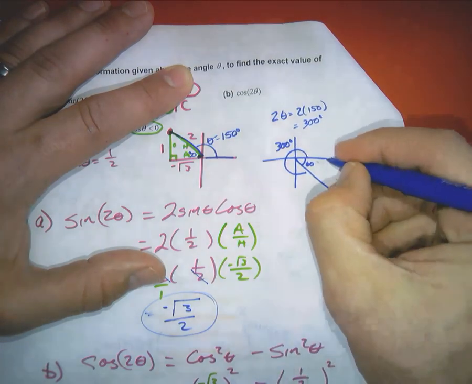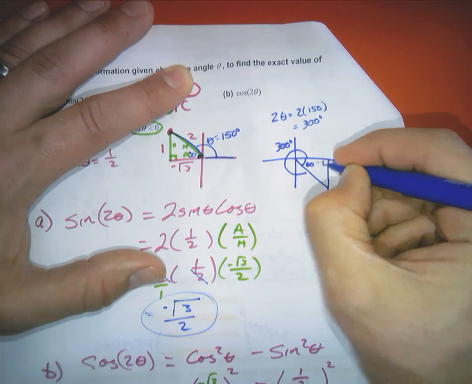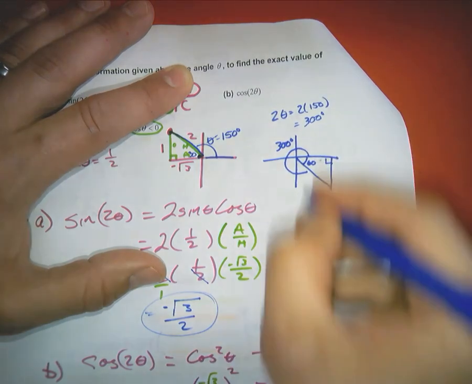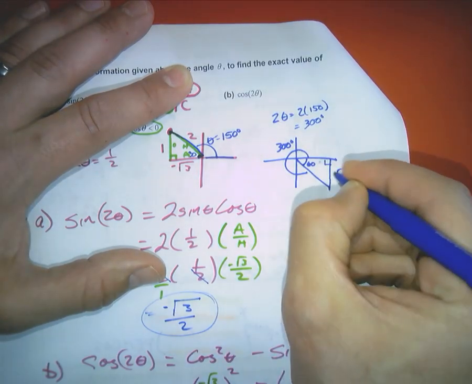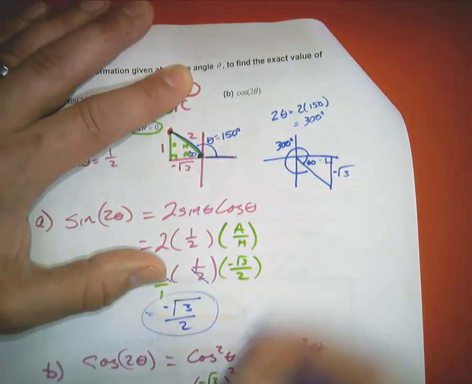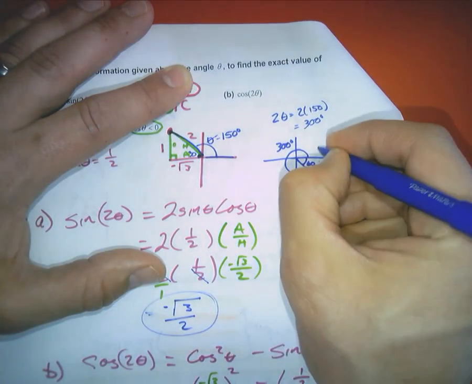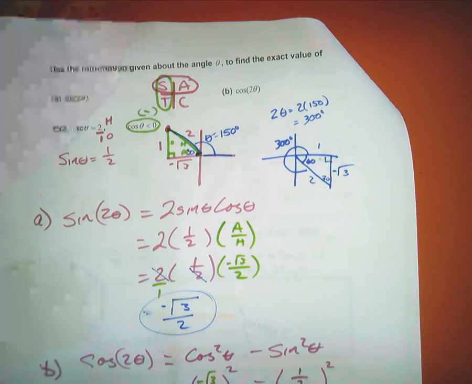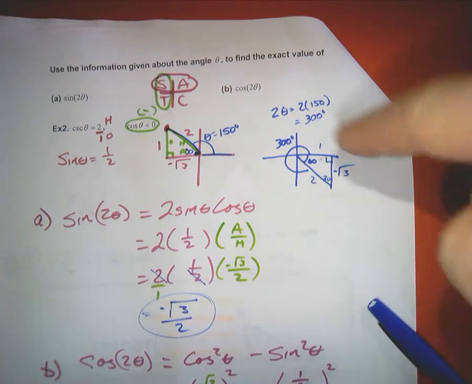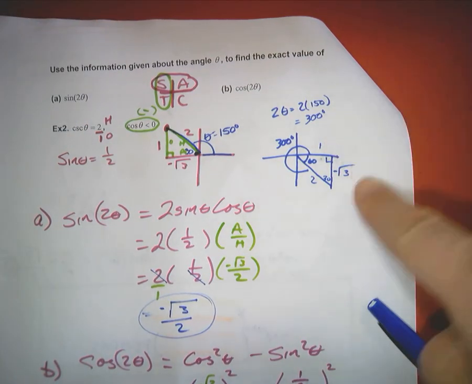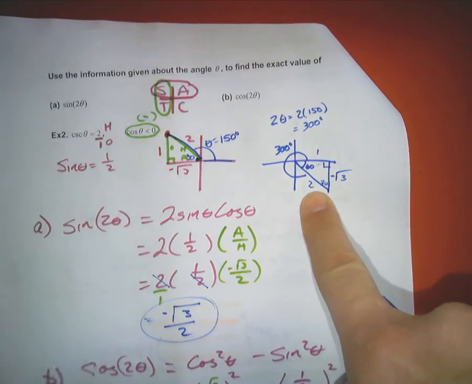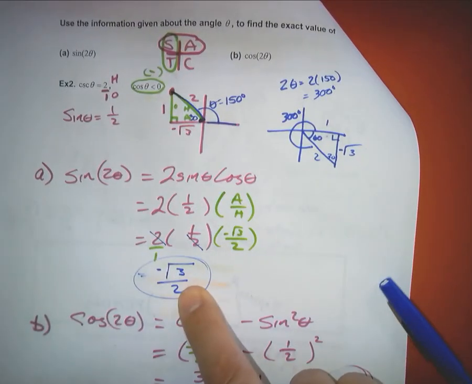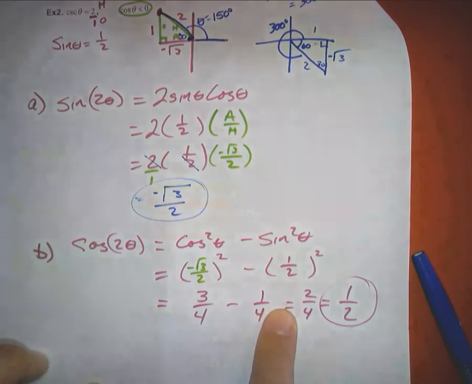And now I have my little reference triangle. Across from 60 is root 3. Because it's going down, it's negative. That's 30, so that means that's 1, and this is 2. So when I look at sine and cosine of this 300-degree angle, sine is negative root 3 over 2, which we came up with right here using our formula. And then cosine was 1 over 2, which we came up with right here.